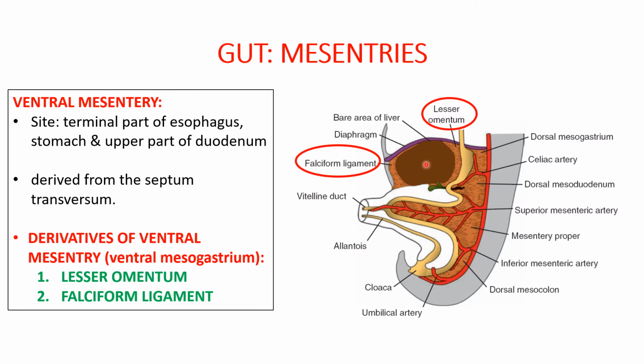The portion of ventral mesentery which is in front of the liver develops into the falciform ligament, and the portion of ventral mesentery which is behind the liver, between the stomach and the liver, develops into the lesser omentum. So the derivatives of the ventral mesentery are two, that is the falciform ligament and the lesser omentum.